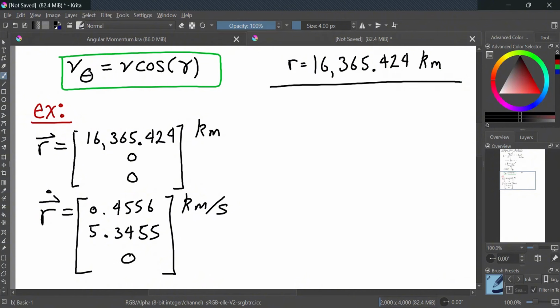Underline that to make it distinguishable. Velocity is slightly more tricky because we actually need to use Pythagorean theorem on this one. Weird.